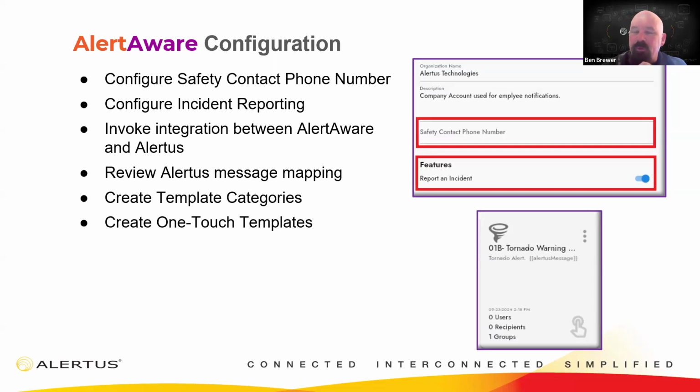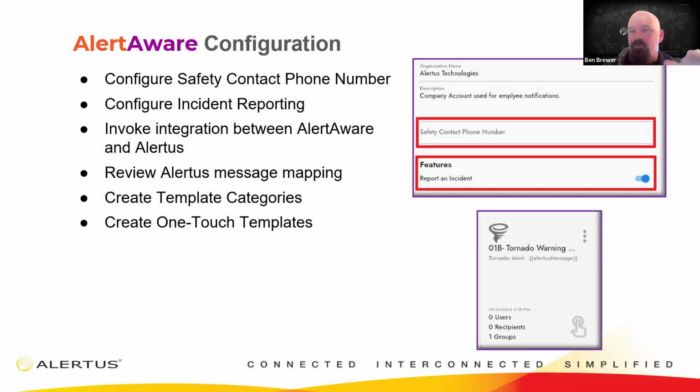As I mentioned earlier, one of the strengths of this particular approach is that, unlike the Alertus Recipient app, where once you made a decision on what you were going to do with regard to safety contact or reporting an incident, you were kind of locked into it unless you wanted to roll it out again. These are features and functionalities.